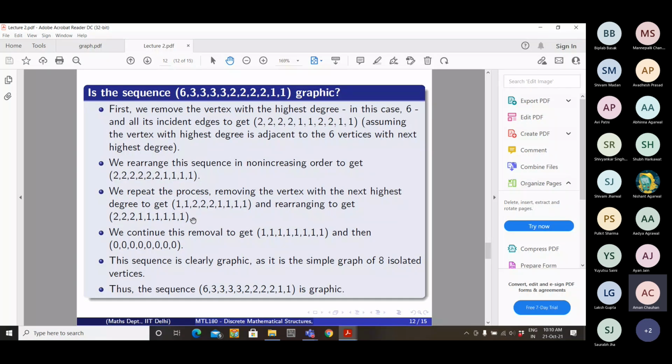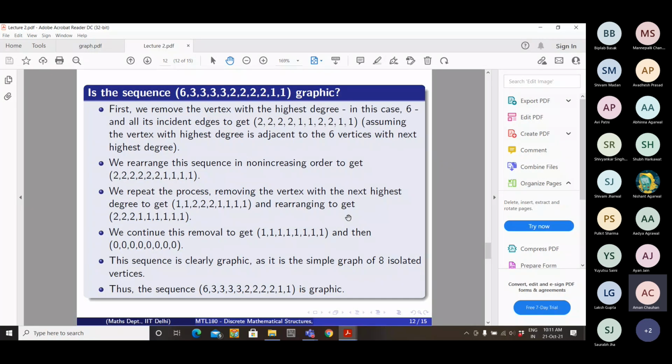Okay, so again we will apply the Havel-Hakimi theorem: this degree sequence is graphic if and only if the degree sequence 2 minus 1, 2 minus 1, 1, 1, 1, 1, 1, 1 is graphic, and means this degree sequence 1, 1, 1, 1, 1, 1, 1, 1 is graphic. And you can easily see that this is graphic. We have 8 vertices here, right? And all the vertices have degree 1.